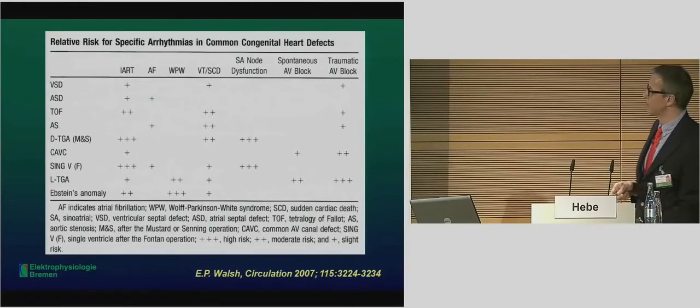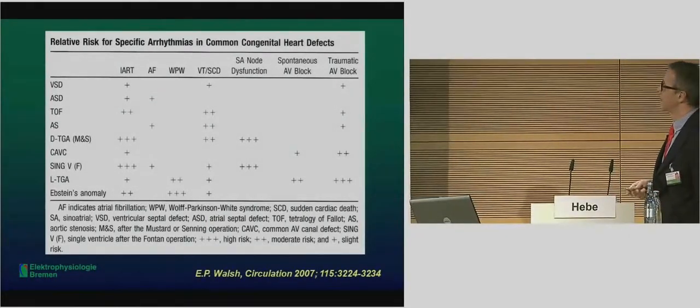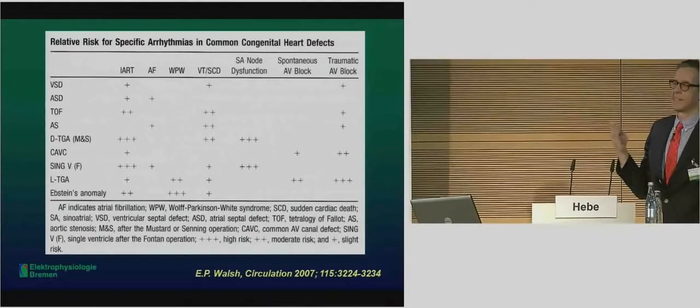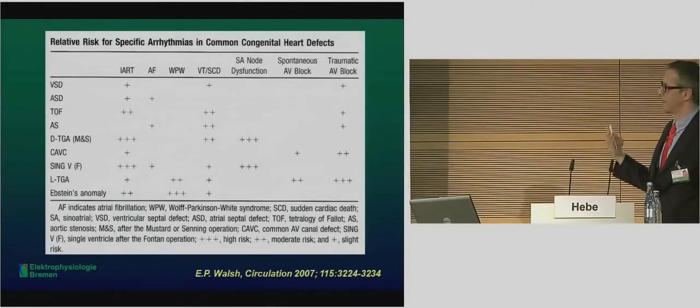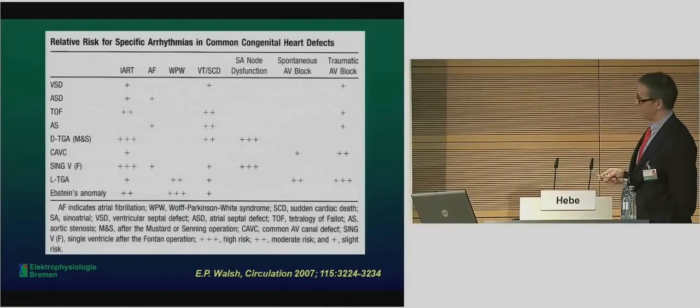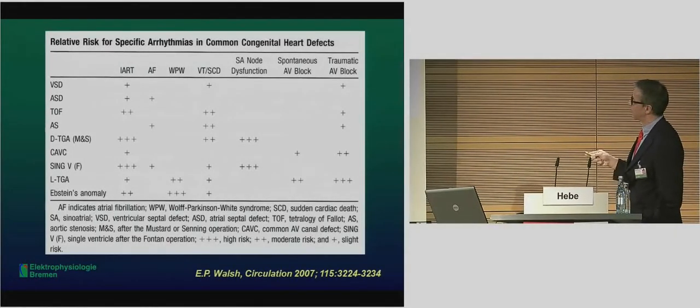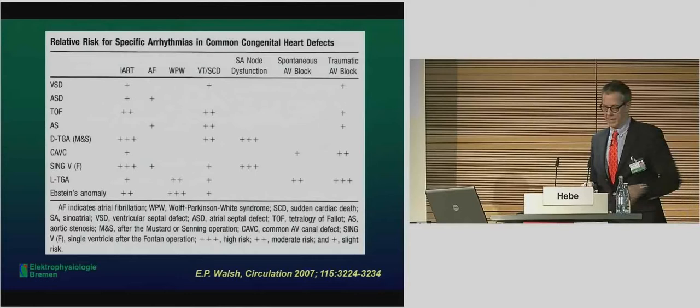Looking into the literature, we find only a few data about the occurrence of these arrhythmias. And in all the presentations I listened to today and yesterday, we again see that there are not too many data about the occurrence of arrhythmias in these groups. From the Boston group, we have a relative risk for arrhythmias that has been shown. Here on the left side, you see some groups of congenital heart defects, and on top you see different types of tachycardia or bradycardia types.